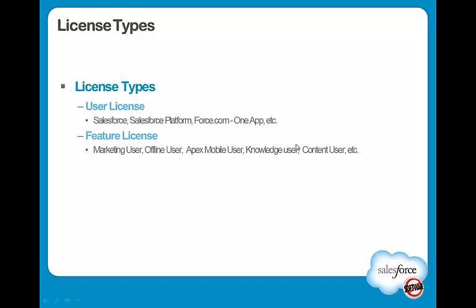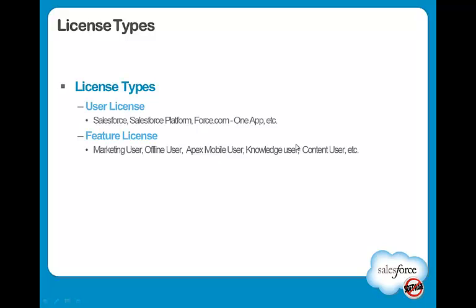A user license is a kind of base license that a particular user requires to be assigned even before he can access the Salesforce website or Salesforce application. Now, this particular user license could be of several types.